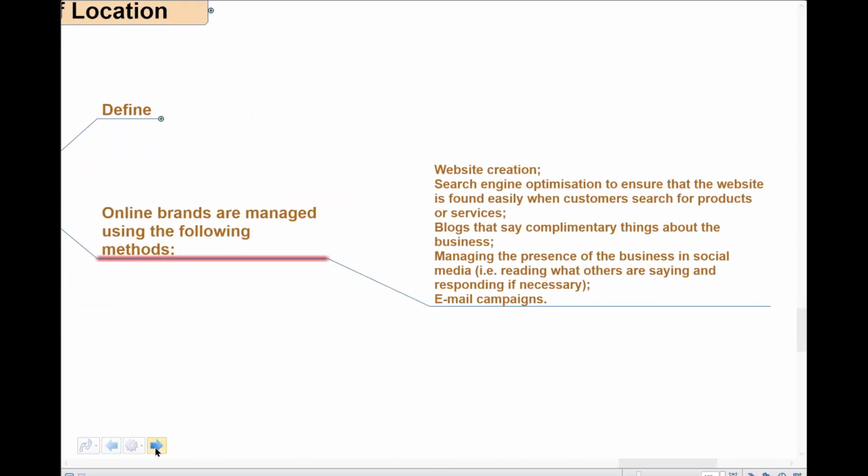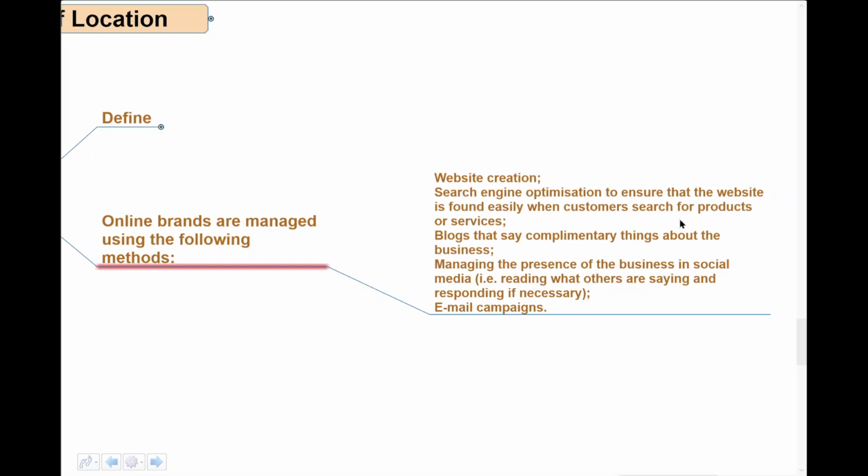I mean, you know yourself, you have favorite websites that you buy from, and many of these things will be relevant in terms of your search for a particular product or indeed a service. Certainly the look and feel of the website, SEO or search engine optimization, which is becoming more and more complex as each year passes. The idea that use of keywords, use of phraseology, etc. Blogs obviously have been around for some time.